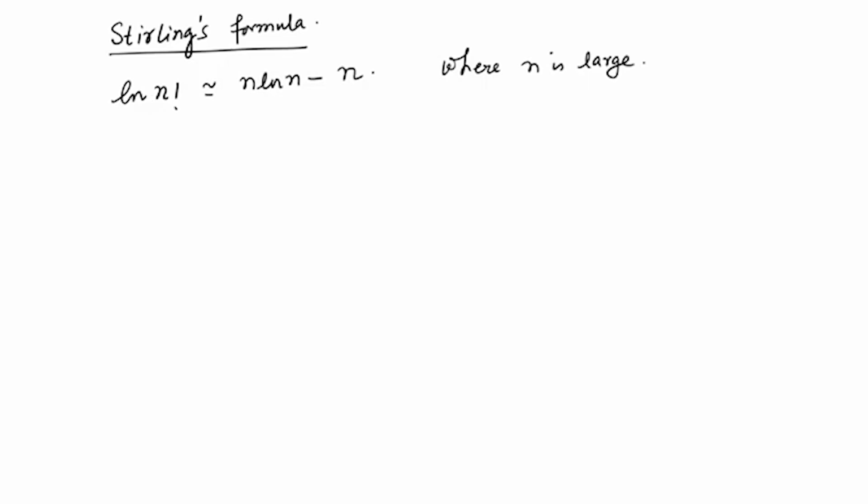Okay. So, where do we use this, we will just see in a while, but let me try to derive it, or rather show you how this comes about. Let me take the left hand side, which is ln of n factorial. This is equal to log of n into n minus 1 into n minus 2 all the way up to 2 into 1, that is n factorial.